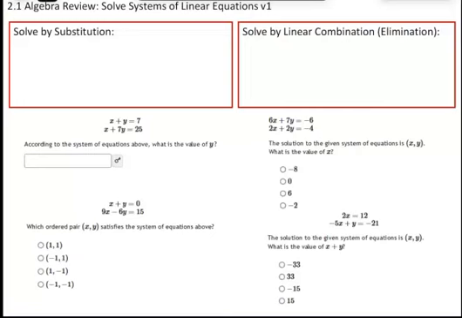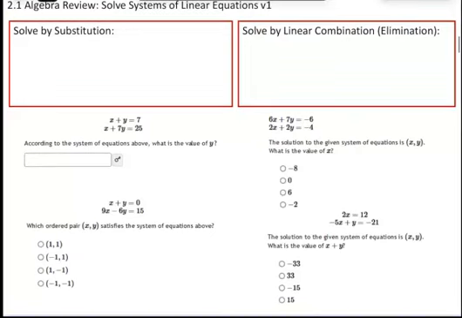Substitution is usually used if one of your equations has a single variable, x or y, with no coefficients, nothing being multiplied in front. If you are going to solve by substitution, you're going to look to solve one of your equations for one variable.